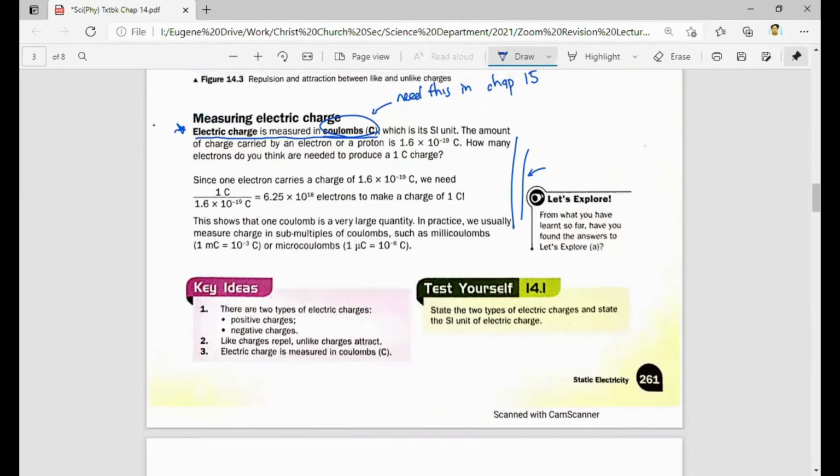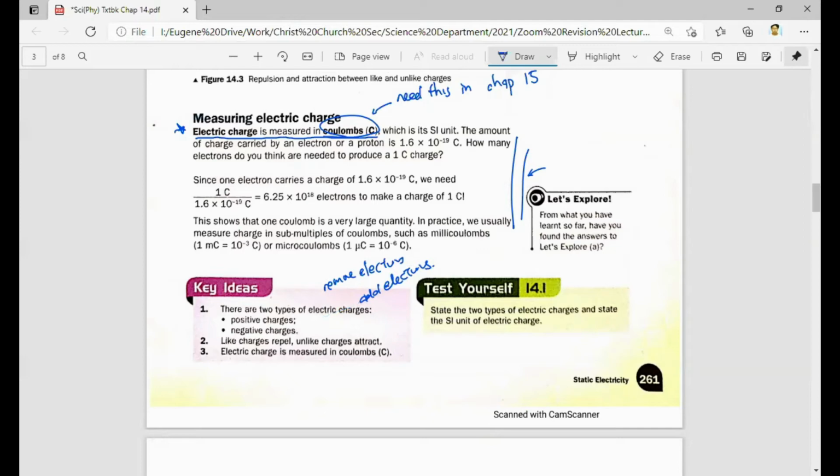So what are the key ideas that we have from 14.1? First thing, two types of electric charge, positive charges and negative charges. To make something positive, I remove electrons. To make something negative, I actually add electrons. Actually sorry, maybe I shouldn't write it like that. Let me rephrase it.